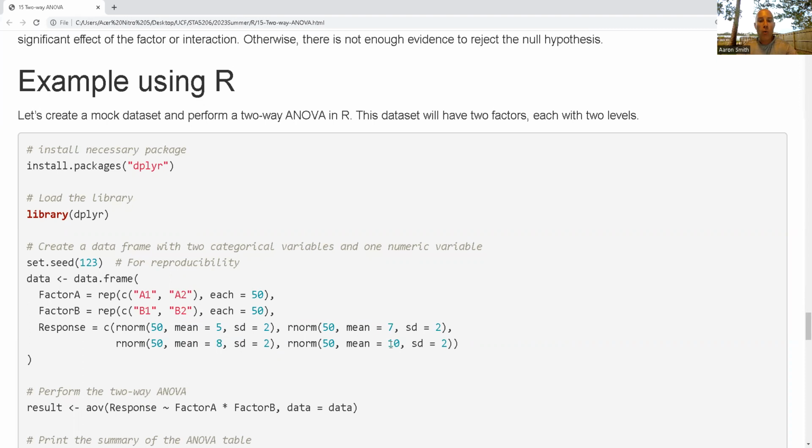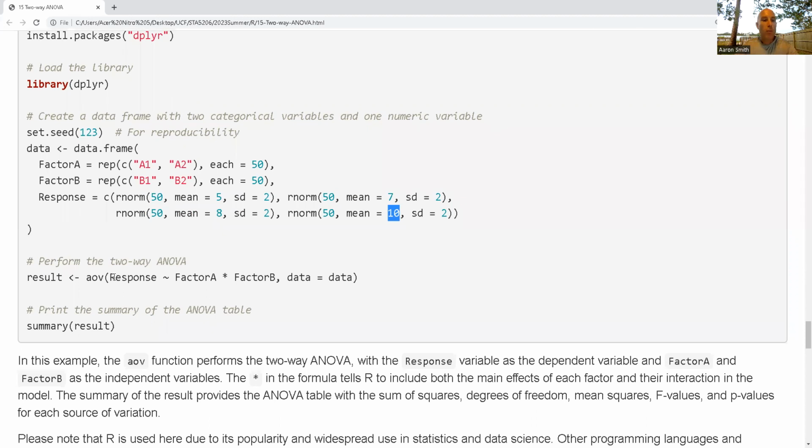So we know that the correct result is to reject the null hypothesis on the main effects. Now, the interaction one, I honestly can't eyeball this myself right now, but maybe it's not significant on the interaction. Main effects, absolutely.